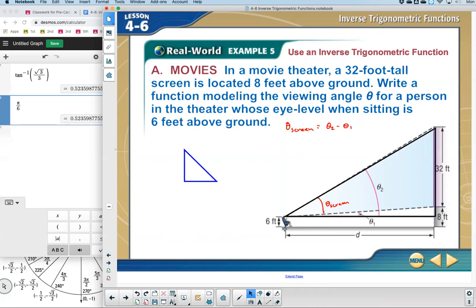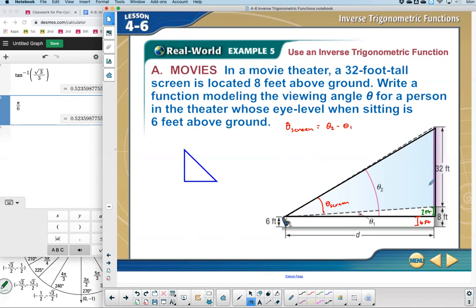And notice this is the ground. This triangle is not 40 feet tall. I know it's not 40 feet tall because over here, this is 6 feet off the ground. So I'm going to write it right about there. So this is 6 feet. So a little mental math here. If this is 6 feet tall and this is 8 feet tall, how tall is this area from here to there? Answer, 2 feet.